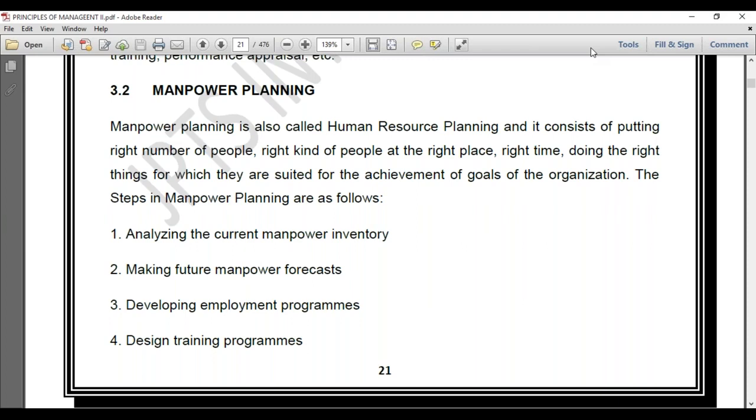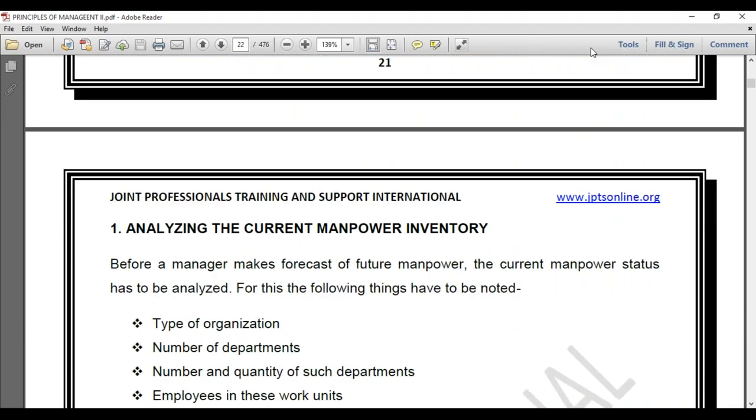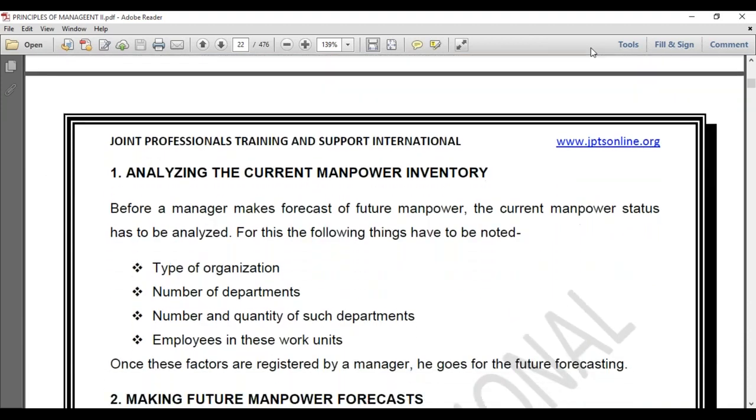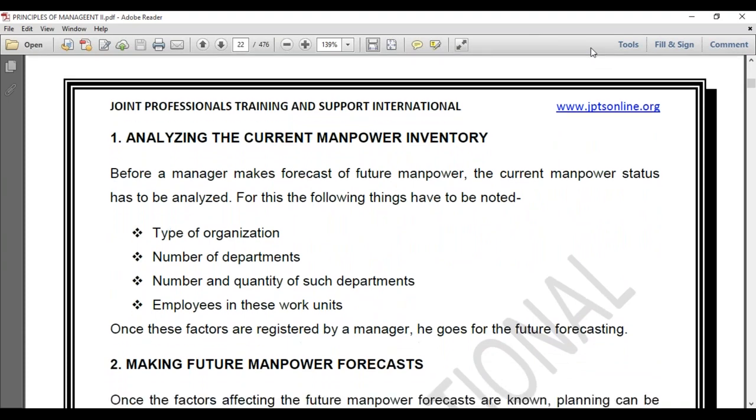You also look at developing employment programs, because some of the programs you are running today may be obsolete in the next 10 years to come. So how do you improve on the program as a human resource person? You design training programs, because a lot of things are changing in society today. The society we find ourselves in is fast developing and changing technologically. We just embraced the era of the computer age.